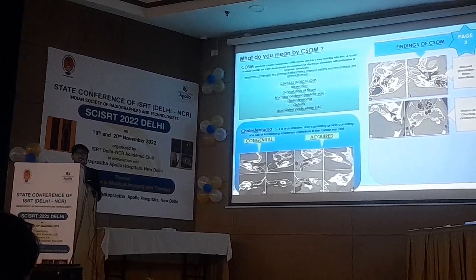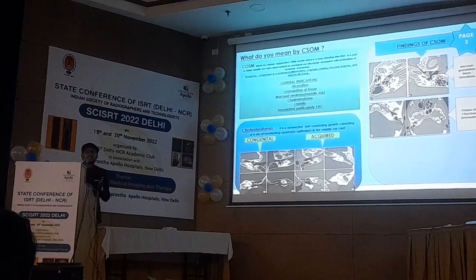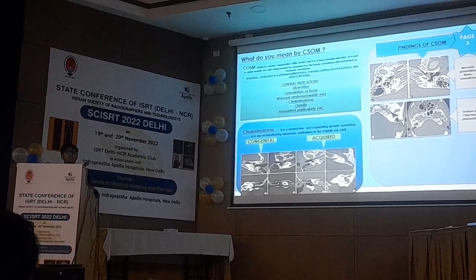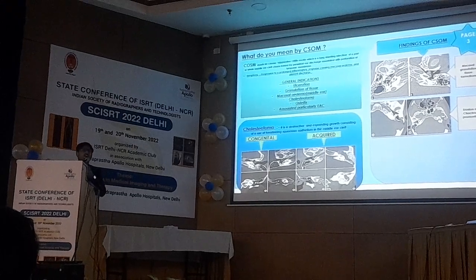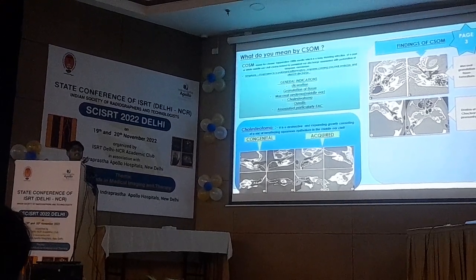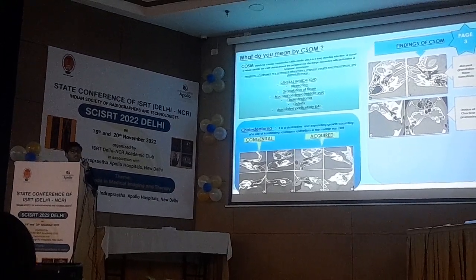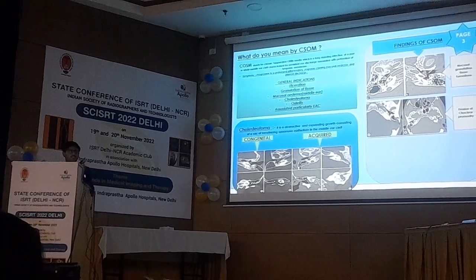And if we go for CSOM, there are two categories we can define. First is attico-antral CSOM, which is called unsafe CSOM, and the second one is the tubotympanic, the safe CSOM, that is called central perforation of the pars tensa.